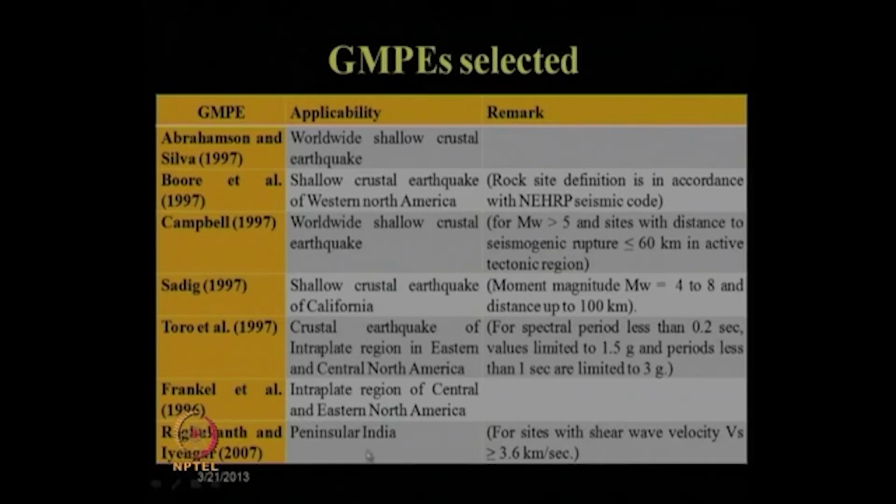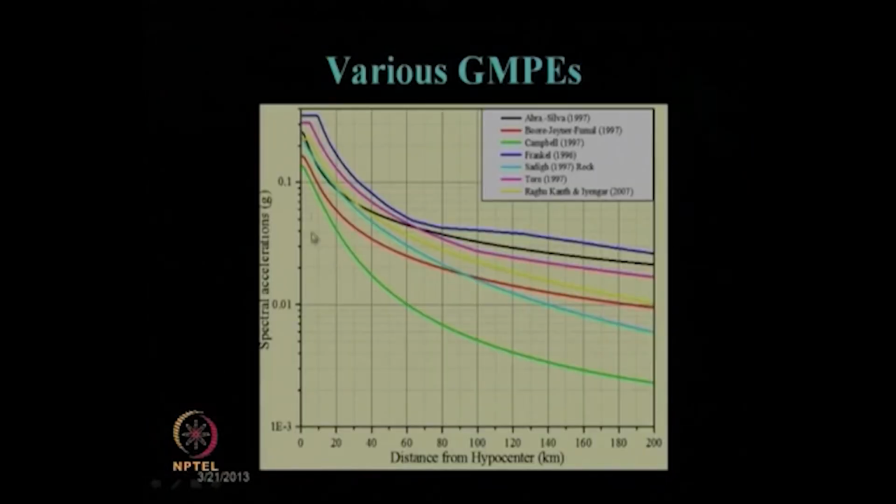That is why it is logical to use the GMPE from peninsular India, which is expressed both in terms of magnitude and distance, that we should remember. And these are the salient remarks about each of the GMPEs. And this is the variation of spectral acceleration versus hypocentral distance for all the 7 GMPEs which are considered in the present study, as can be seen from this picture. So, up to this we have discussed in our previous lecture.